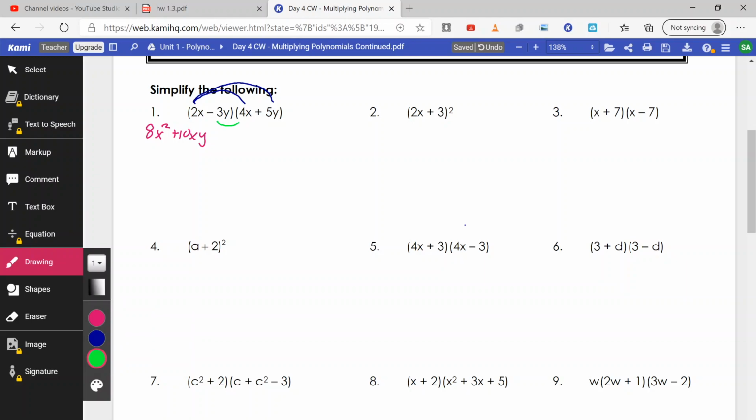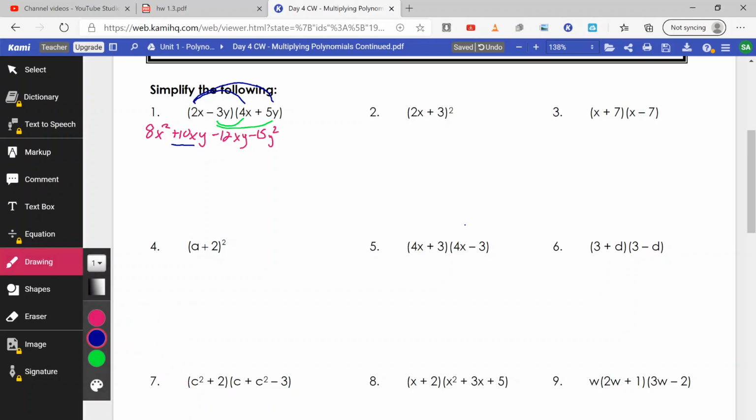Next up, I'll multiply the negative 3y times the 4x and the negative 3y times the 5y. So negative 3y times 4x gives me minus 12xy or yx, it really doesn't matter. And then negative 3 times 5y, negative 3 times 5 gives me minus 15. Y times y will give me y squared.